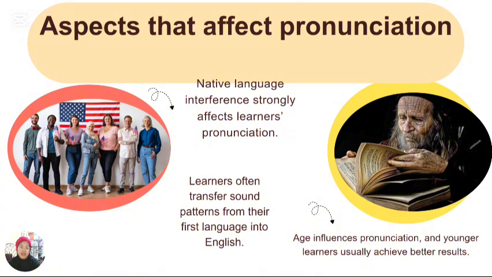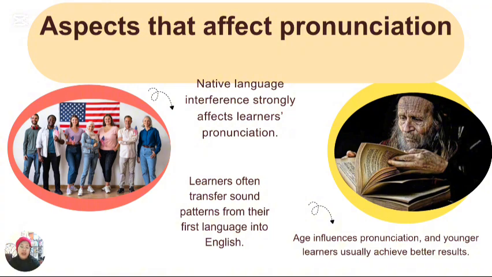Aspects that affect pronunciation. In this section, it can be mentioned that one of the most influential factors in pronunciation is the native language. Students tend to transfer the phonic patterns of their native language into English, which can cause pronunciation errors.